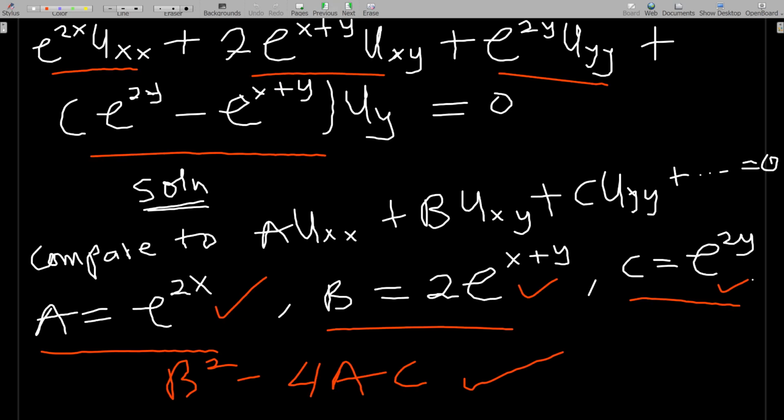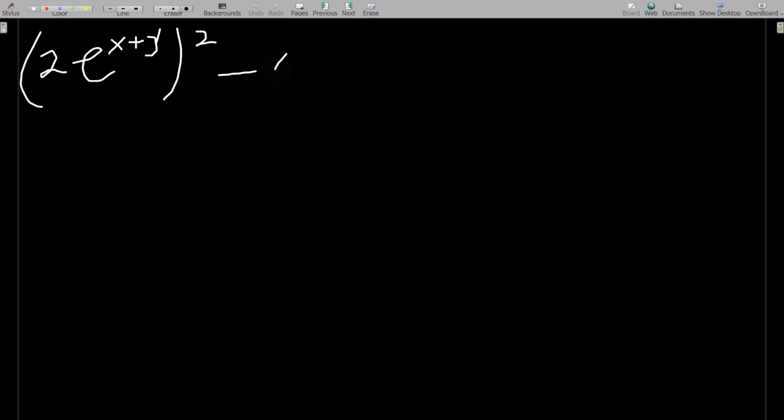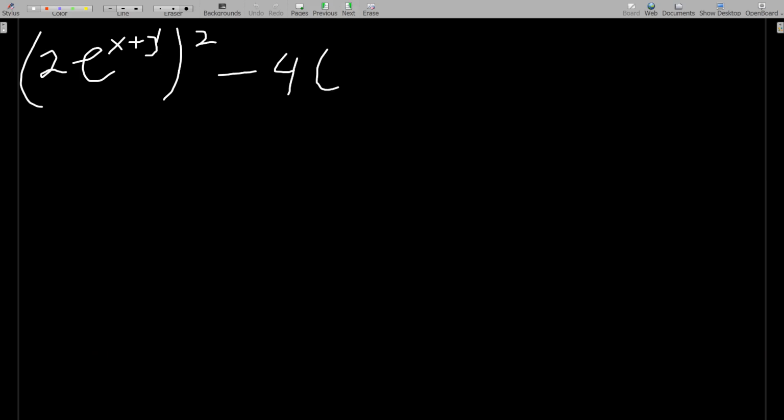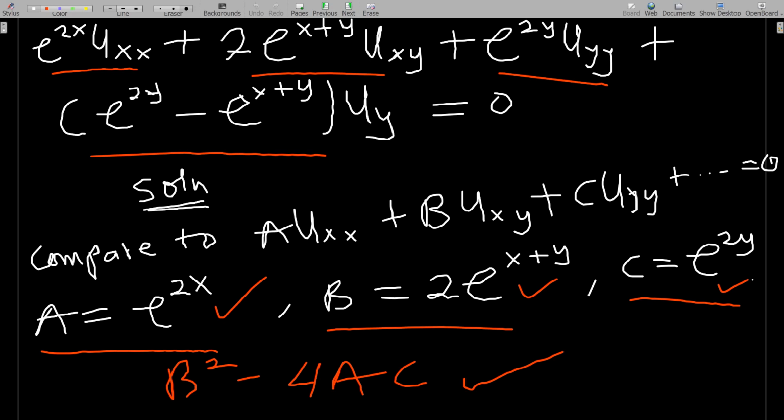B is 2e to the x plus y, so B squared is 2e to the x plus y, all squared, minus 4AC. Then 4, and A is 2e to the 2x, and C is e to the 2y.